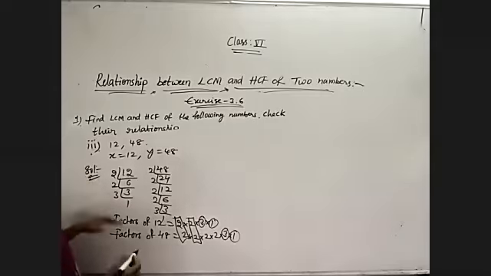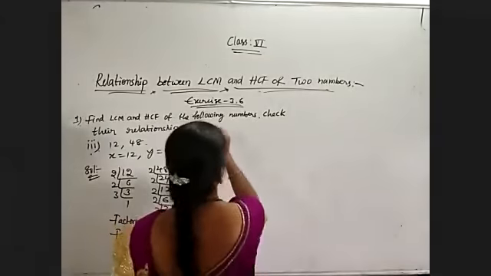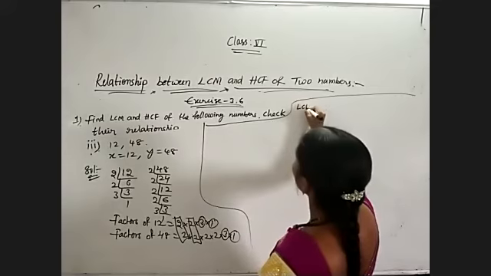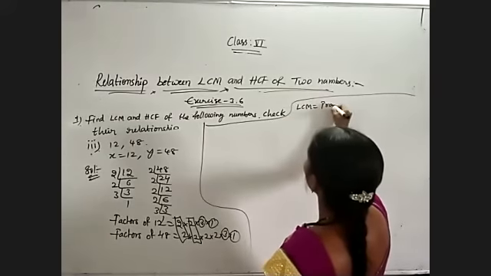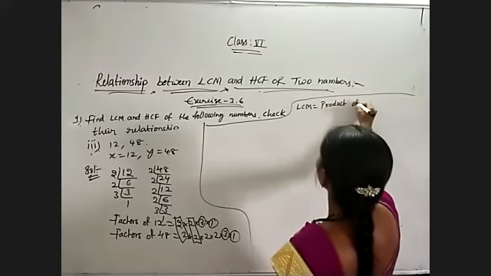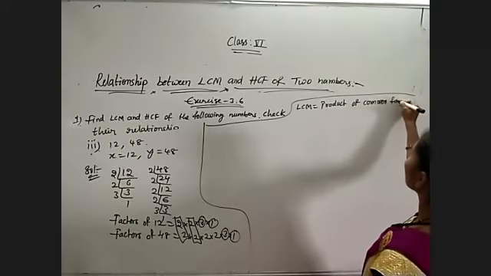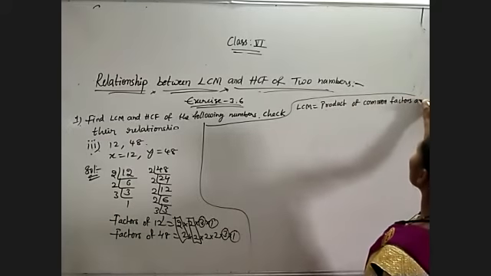That's it. Now we have the formula. LCM is equal to the product of common factors and remaining factors.